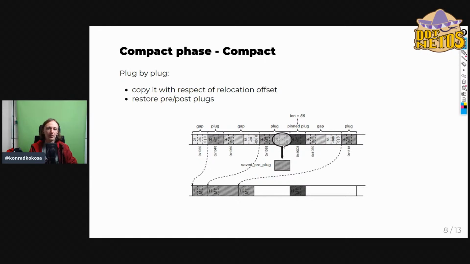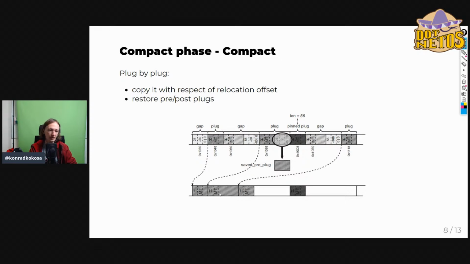So we have covered this part. We said that we are moving plug by plug, copying this memory. So this is pretty simple. And obviously we also need to restore those pre and post plugs, because we have destroyed our living objects. As we see, we have overwritten the end of the plug with some pinned plug data, and we have stored elsewhere the real true data of this object.